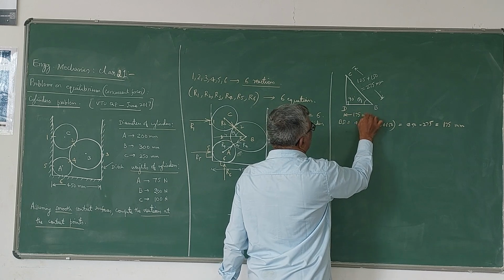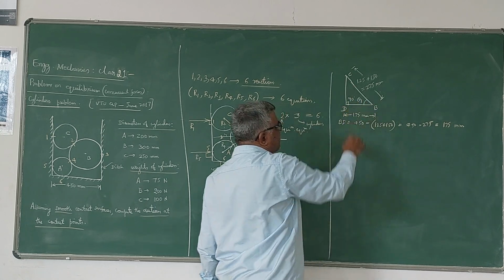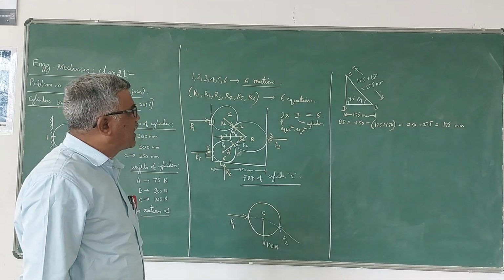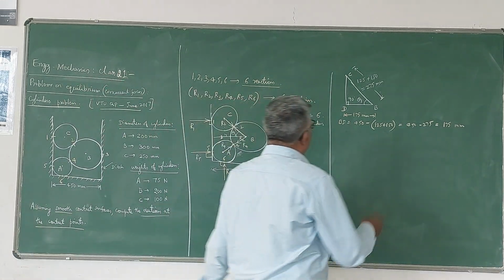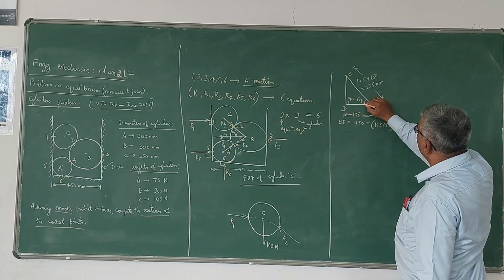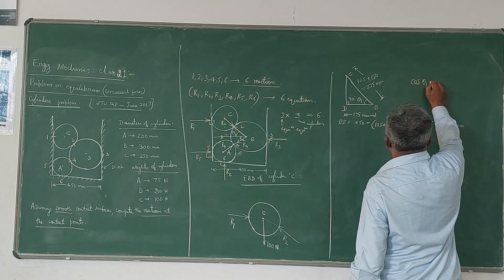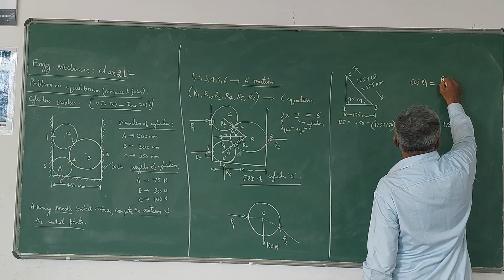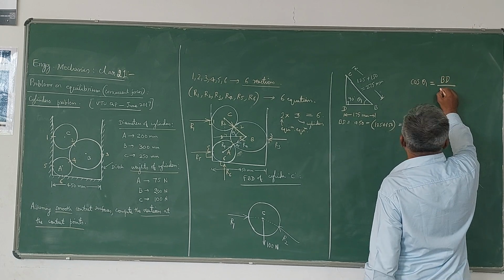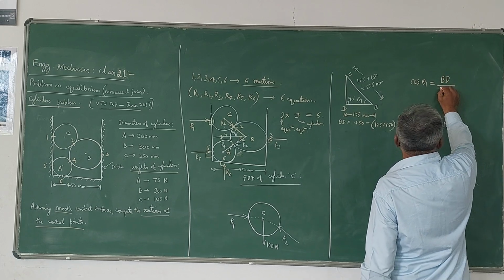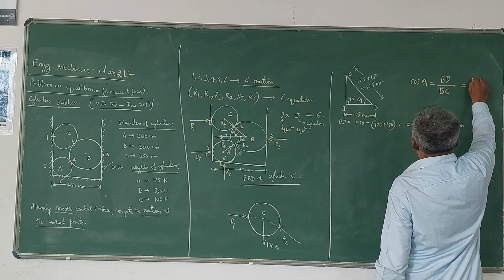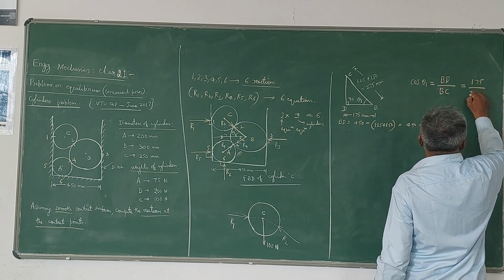So by knowing two dimensions of the triangle, you can calculate the angle now. Which ratio do I have to take? This is theta 1. If I take the cos ratio, cos theta 1 will be the adjacent side BD divided by the hypotenuse BC. So that is 175 divided by 275.